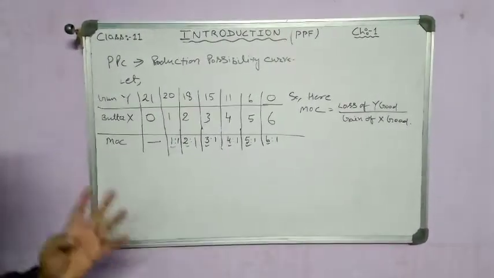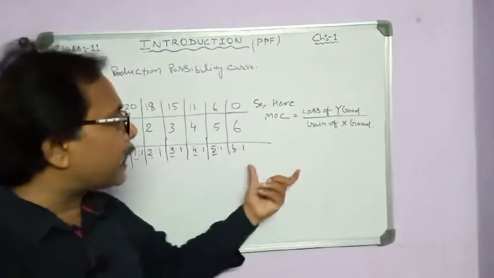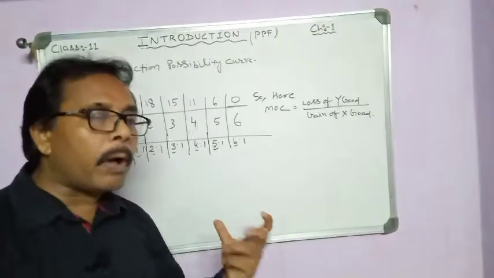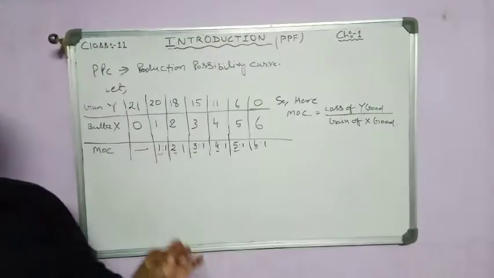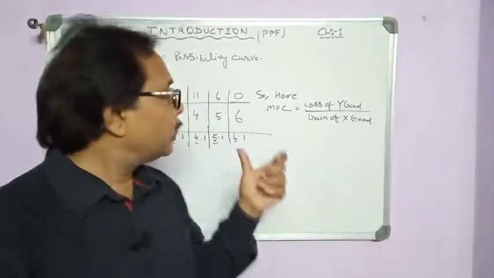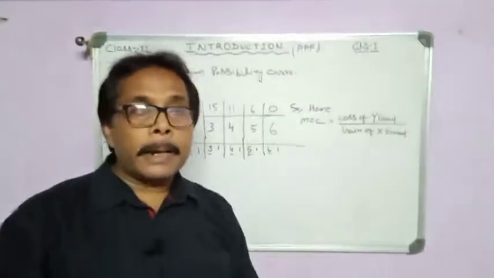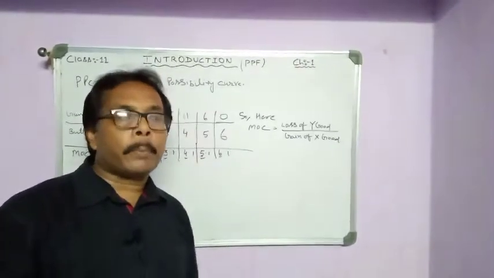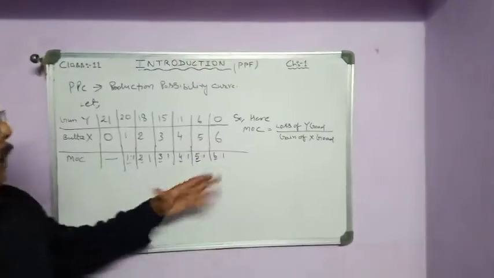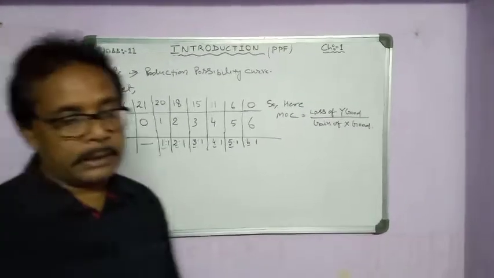gun. So why does this problem create? So we know that MOC is here rising, and that problem arises due to a single factor. All the resources are not equally capable to produce all the goods. So there is no capability to produce both the goods at a time in a particular proportion, because all the resources are not equal, and that's why the MOC increases.